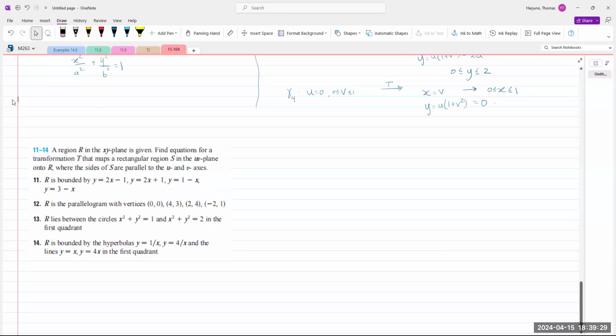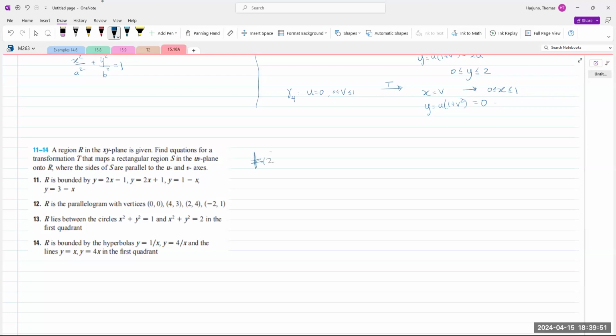Okay, we have region R in the xy plane given. Find the equation for a transformation T that maps a rectangular region S in the UV plane onto R. Here's the thing. What is given to us here? Let's say number 12.